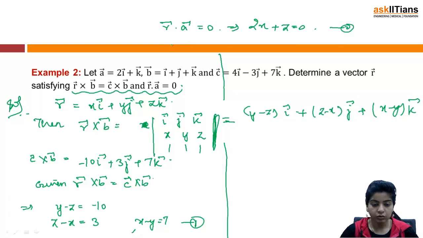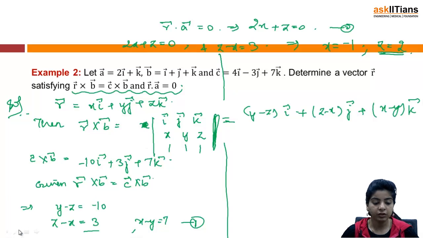So now 2x plus z is equal to 0 and z minus x is equal to 3 from this equation. Once I solve these two equations, I get x equal to minus 1, and using x equal to minus 1, I get z equal to 2.